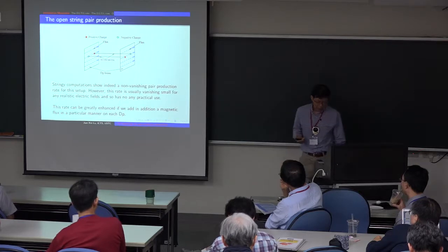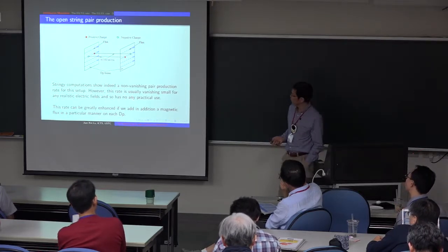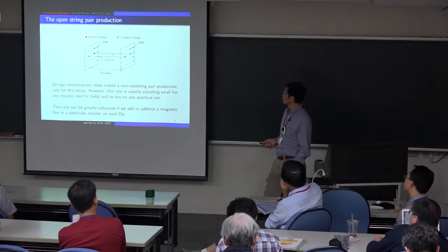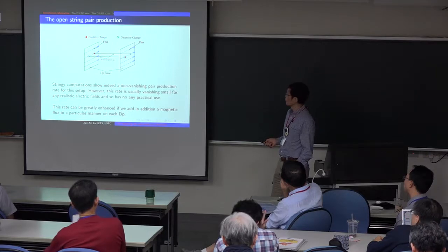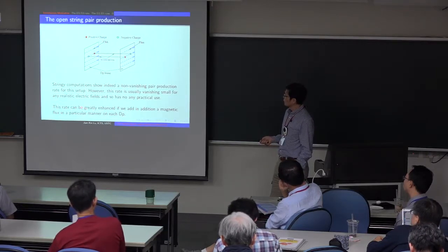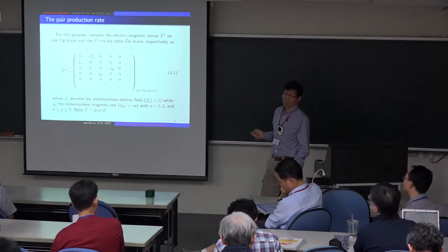For the purpose of this effort, we need to find a way to enhance this pair production. The rate can actually be enhanced if you apply a magnetic flux in this way.